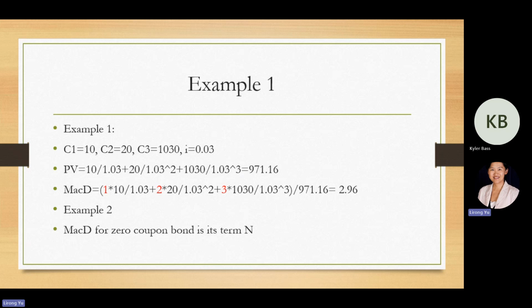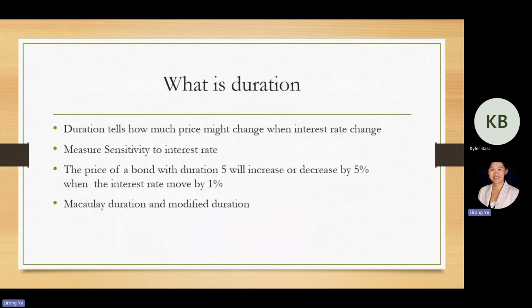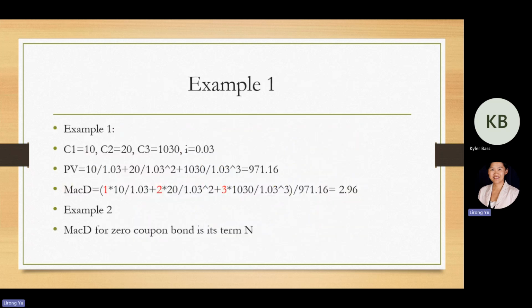And the third cash flow is 1,030 divided by 1 plus the interest rate to the power 3, because it's the third year cash flow, discounted back to time 0 and then divided by the total present value. We got 2.96. Okay, so that is the Macaulay duration for the example that we had. Any questions? It's close to 3 because the last payment at time 3 is heavy.